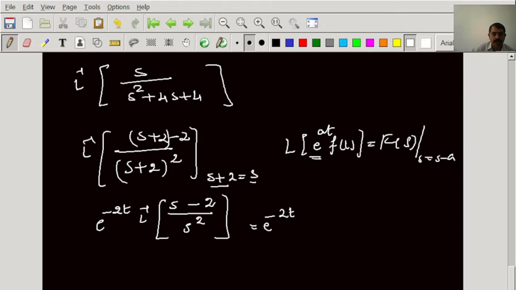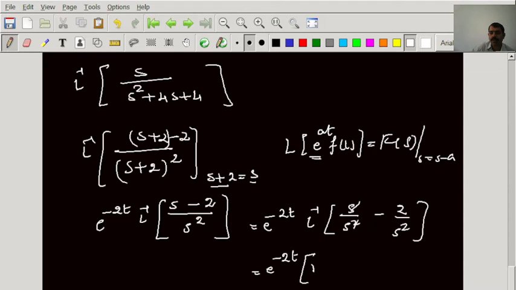So here s minus 2 by s square is there, we split that up: inverse Laplace of s by s square minus 2 by s square. So we can cancel one s. Now we apply the inverse Laplace. 1 by s is nothing but 1, minus 2 by s square.